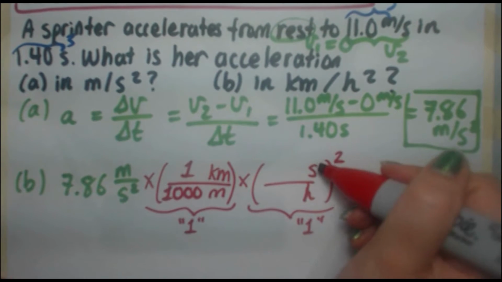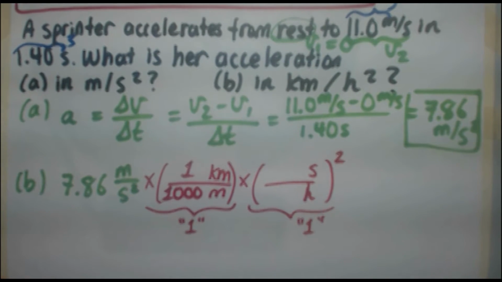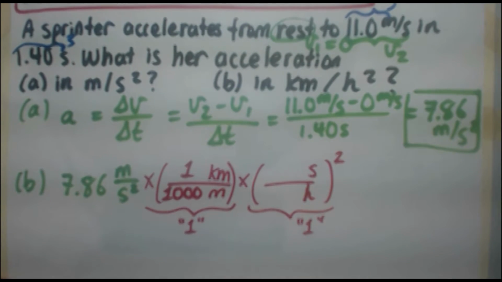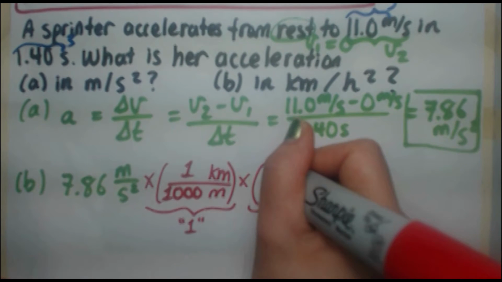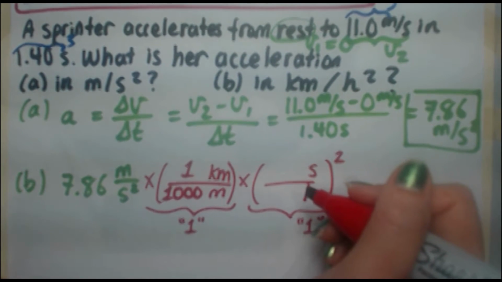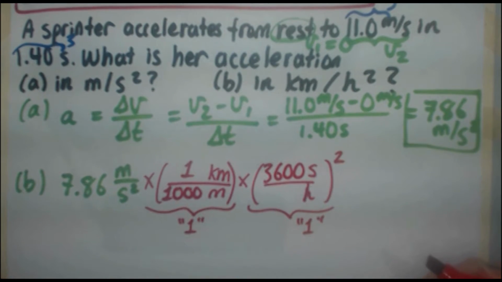I'm not going to square it inside because that's going to get too complicated. I'm going to square the outside. Just like in this part, ask yourself, what ratio of seconds to hours equals 1? How many seconds are there in an hour? There's 60 seconds in a minute, 60 minutes in an hour. 60 times 60 is 3,600. So there are 3,600 seconds in 1 hour.